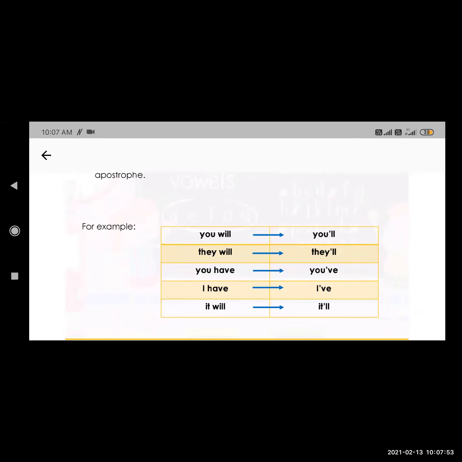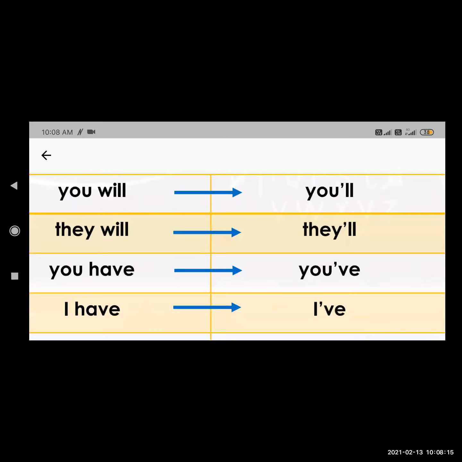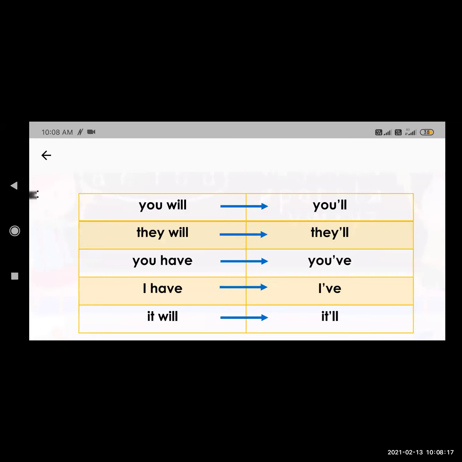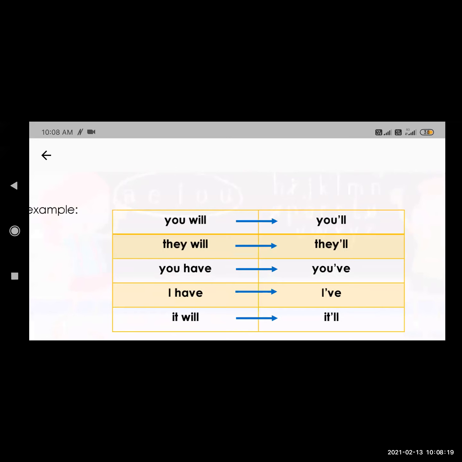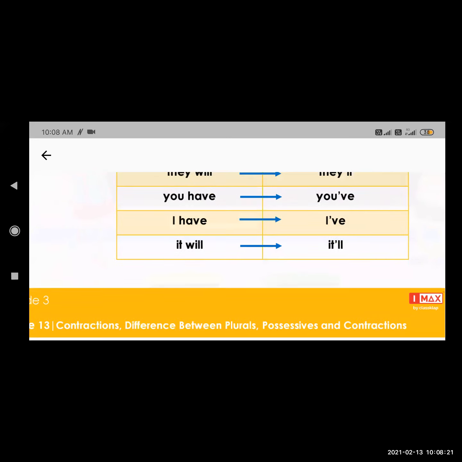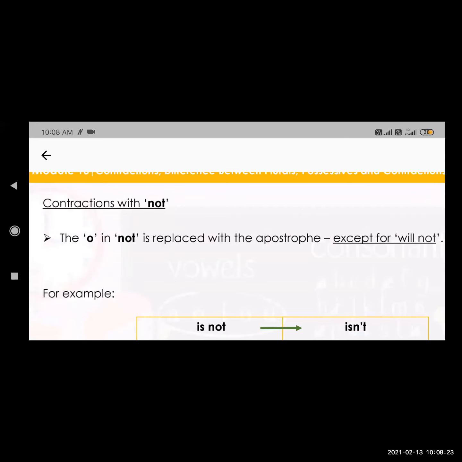In this way all these words are replaced. Wi is replaced with the apostrophe sign, this top one. It looks like a comma, but the comma is at the bottom, while the apostrophe is at the top of the words. So never get confused between apostrophe and comma.